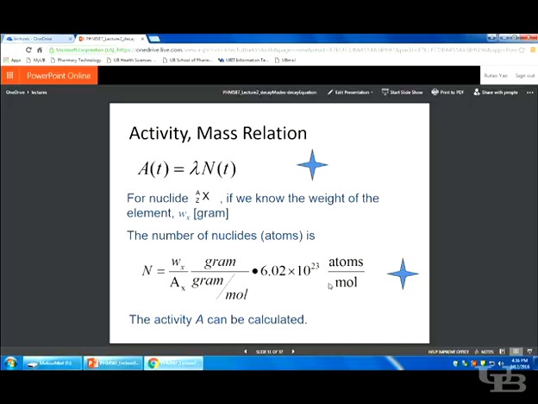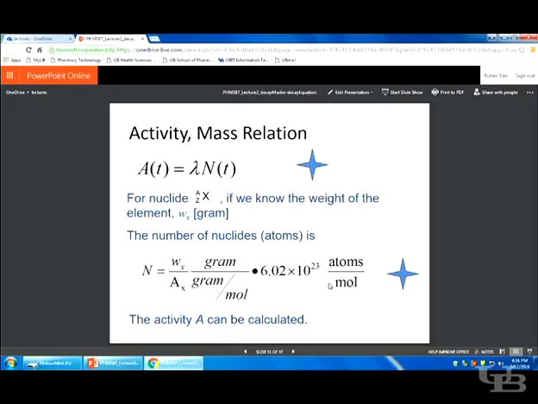You will have that practice. One other group of questions is related to this activity mass correlation, whether you can figure one from the other.